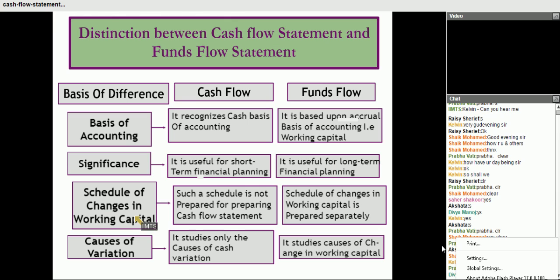Schedule of changes in working capital: such a schedule is not prepared for preparing a cash flow statement. A schedule of changes in working capital is prepared separately. Causes of variation: cash flow studies only the causes of cash variation, and fund flow studies the causes of change in working capital.